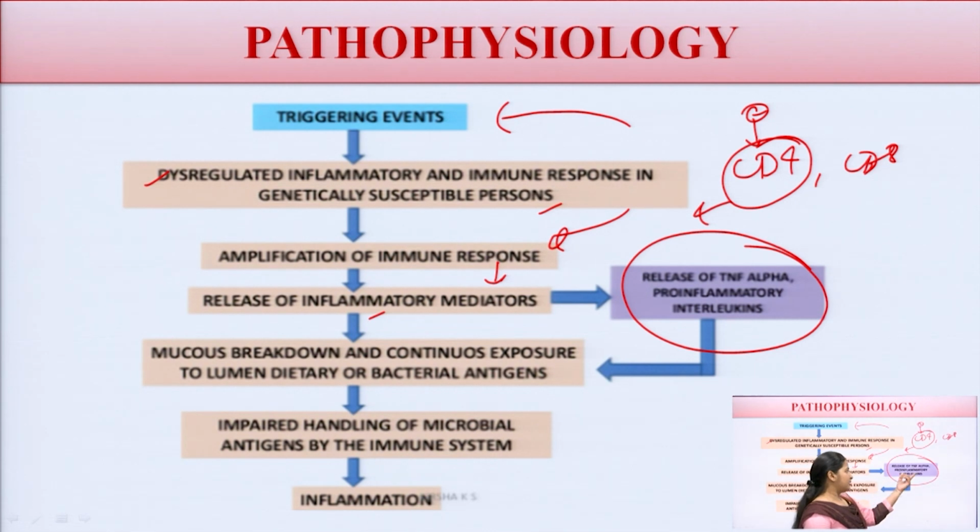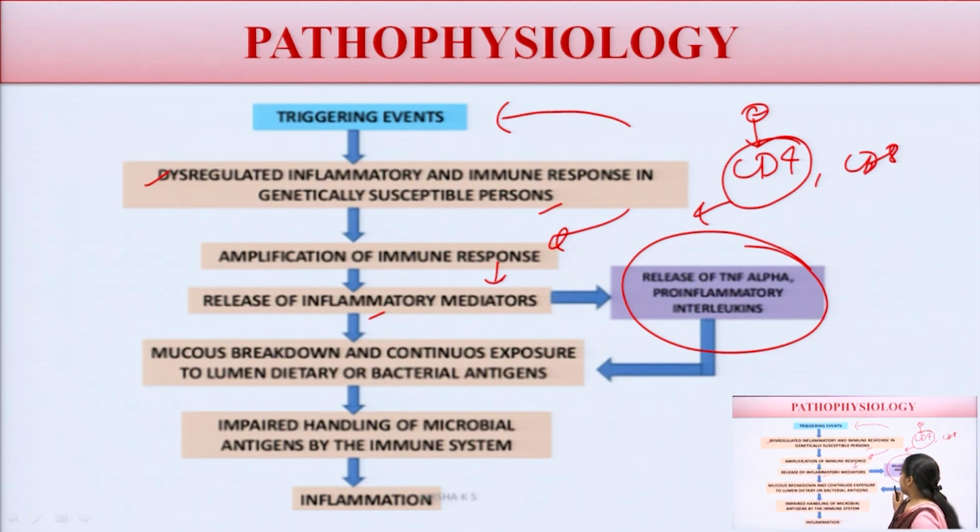These cause the TNF alpha and pro-inflammatory interleukins, IL-6, IL-4, IL-2, there are different kinds of interleukins, and these are released and they cause the inflammation in the intestine.